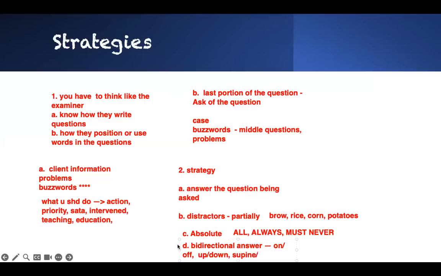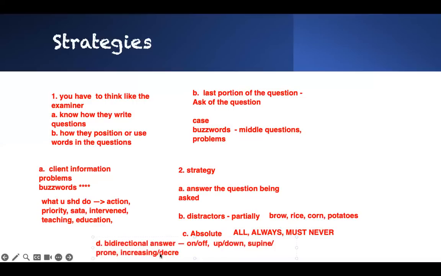Supine or prone. One has to be the right one. Increasing or decreasing. You see answer choices like that? Or they say the nurse should continue versus stop. You know one of them has to be right.